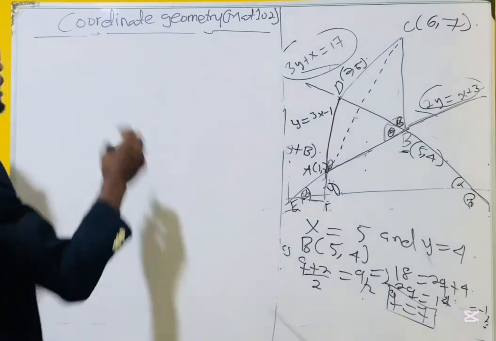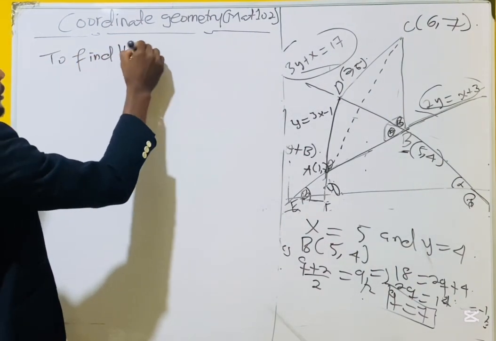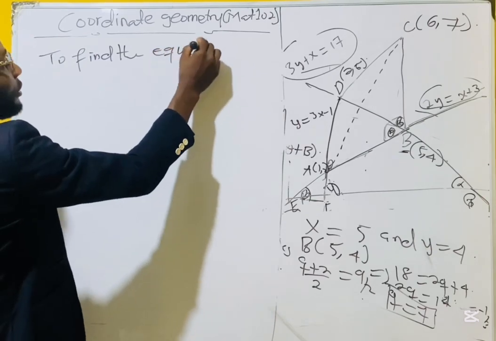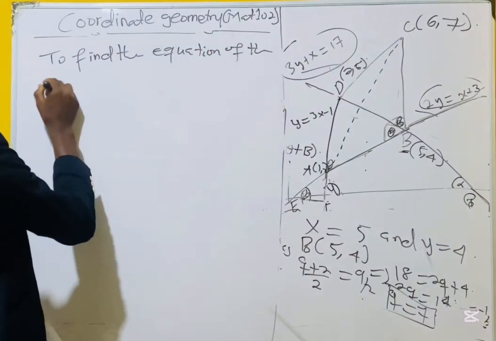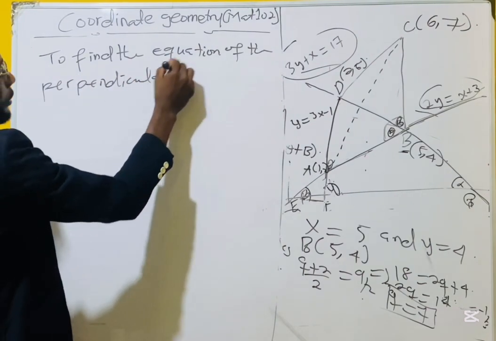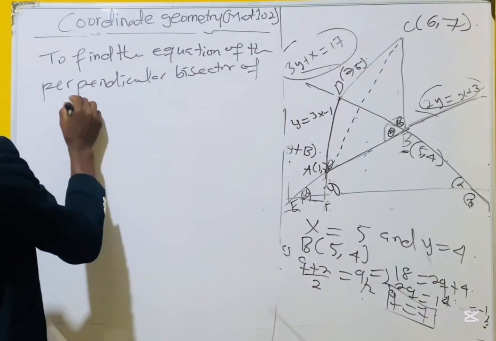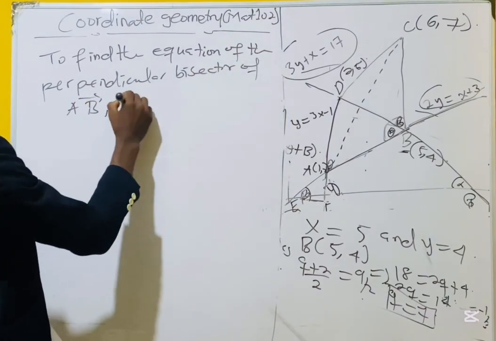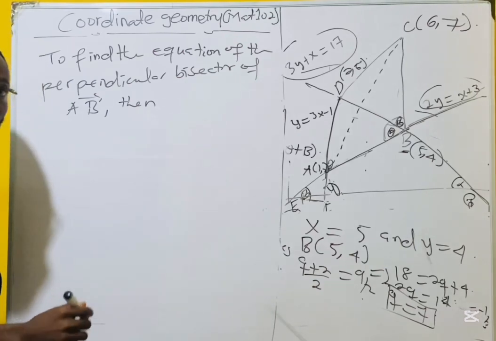So to find the equation of the perpendicular bisector of line AB, then first we have to find the midpoint of line AB.